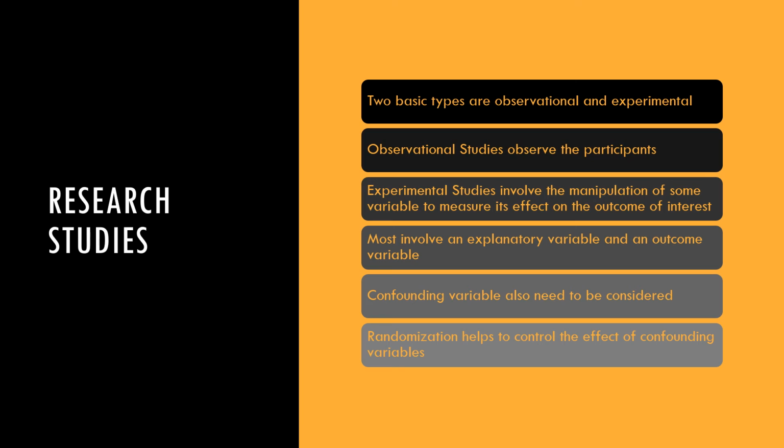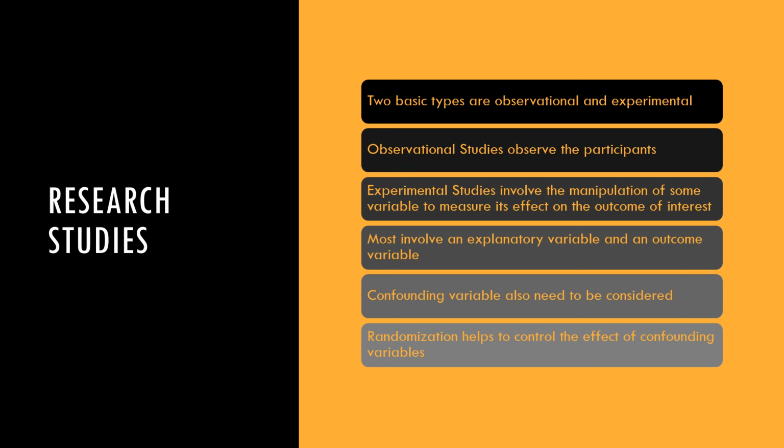Most studies involve both explanatory variables and outcome variables. The explanatory variable is what you're interested in learning the effect of. So in the case of what is the effect of X on Y, the explanatory variable is X. The outcome variable is what is being affected and gives you the outcome that you're studying.